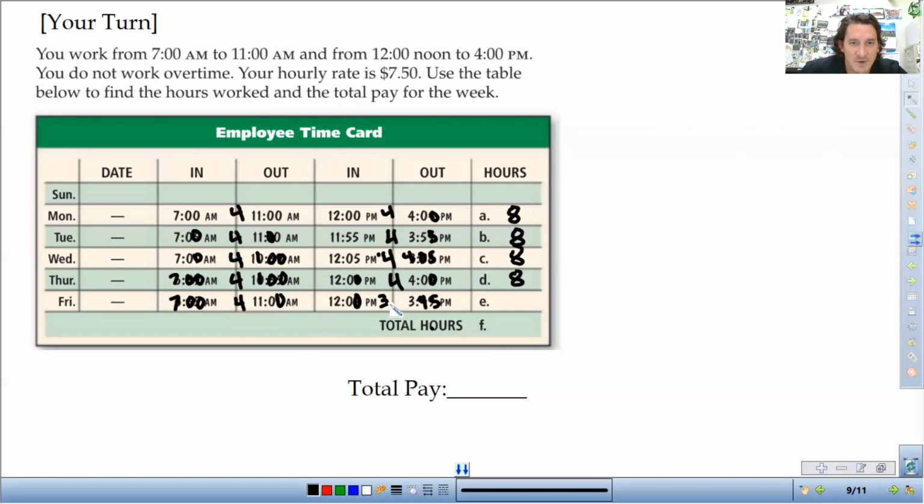This is going to be 3.75 hours. That's 12 to 3:45 is 3.75 hours. That's 7.75. You add that all up, you get 39.75.